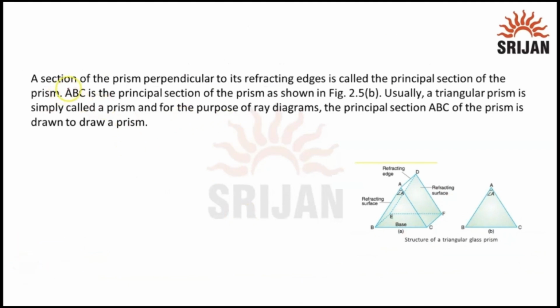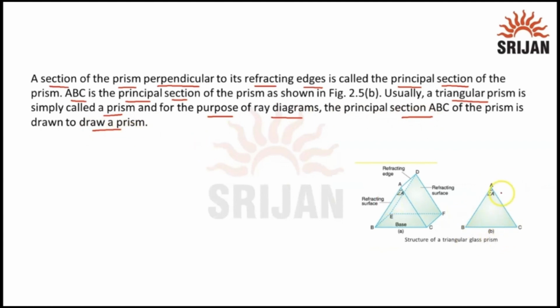Next, a section of the prism that is perpendicular to its refracting edge is called the principal section. This is what I was explaining earlier, the front face of the prism, ABC. It is also known as the principal section of the prism. So ABC is the principal section of the prism. Usually a triangular prism is simply called a prism, and for the purpose of ray diagrams, the principal section ABC is drawn to represent a prism.